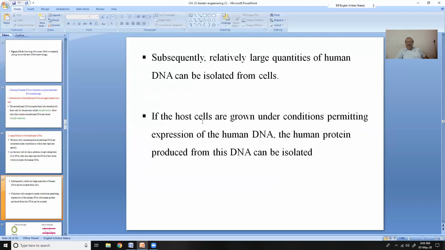And if the host cells are grown under conditions permitting expression of the human DNA, the human protein produced from this DNA can be isolated. We are doing cloning.